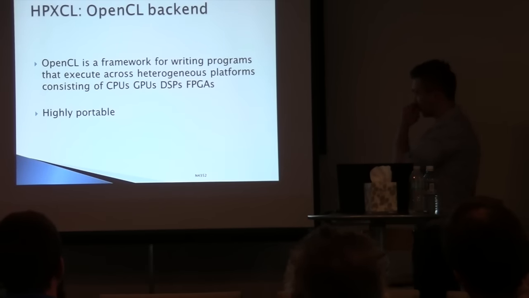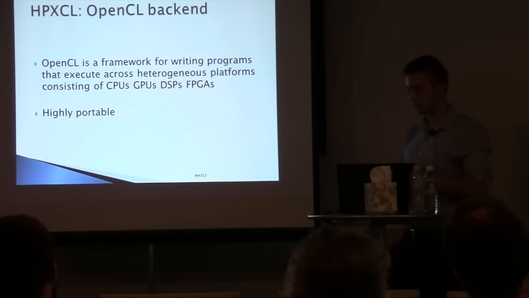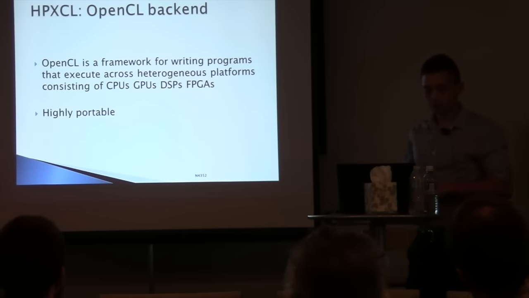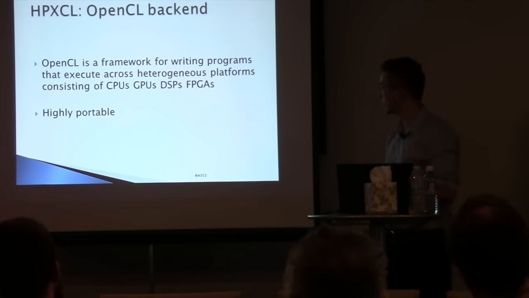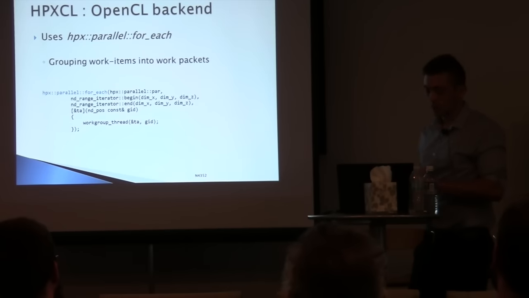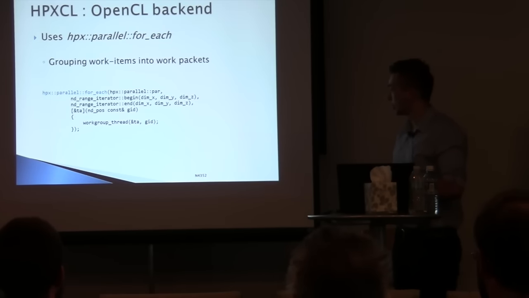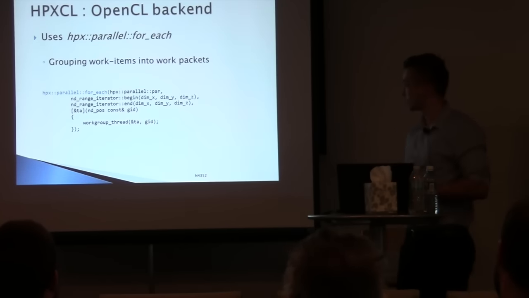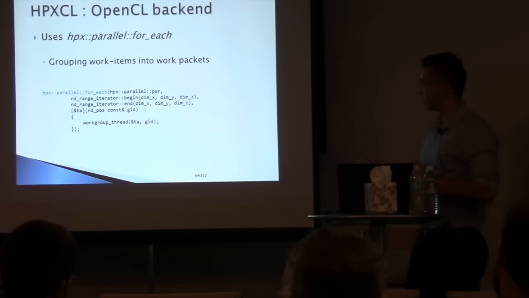Another example of some of the measurements we gained was from one of my coworkers, Martin. Over the course of my last summer working on HPX, he was also there and he was writing an OpenCL backend for HPX, which would take advantage of CPUs, GPUs, DSPs, FPGAs, and create highly portable code. And he used parallel for each in his code in order to group work items into packets in order to send them off later.